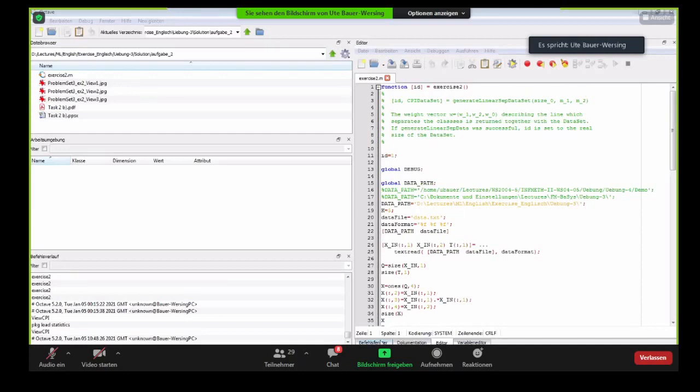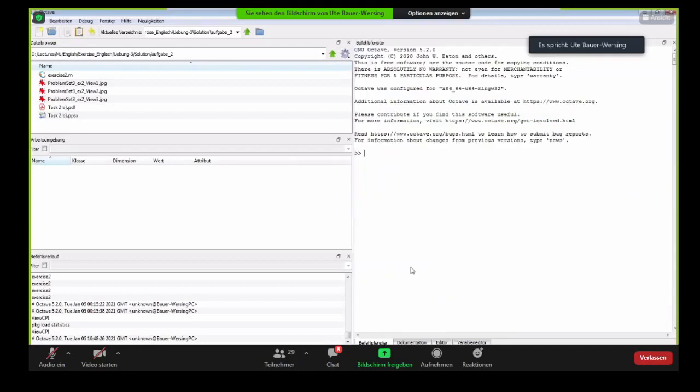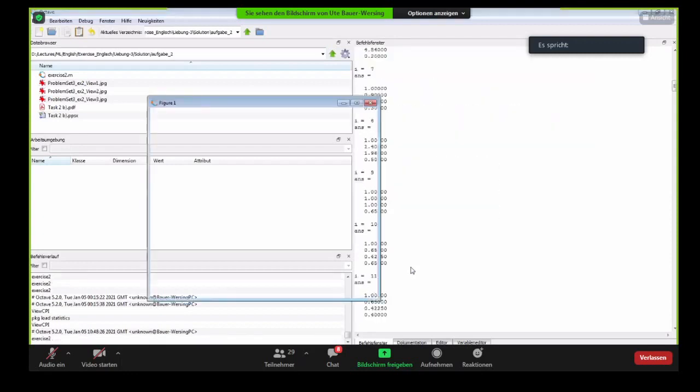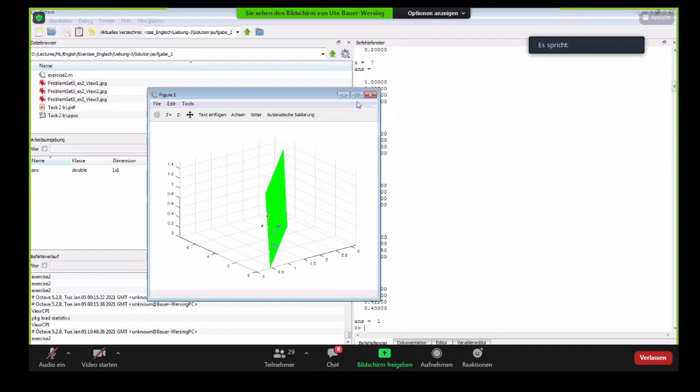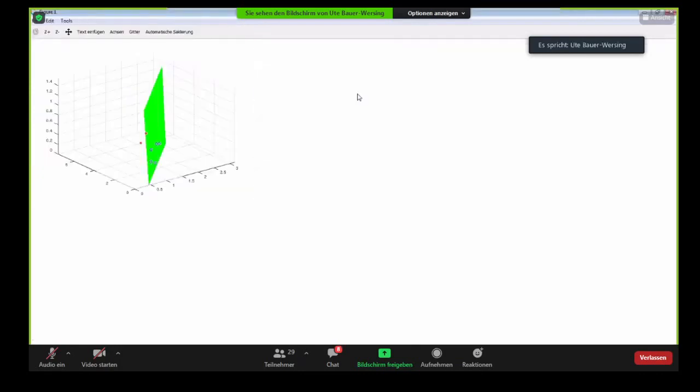So I tried to solve the problem, and what we are doing now is we try to find the separating hyperplane. I hope you can see the plot.